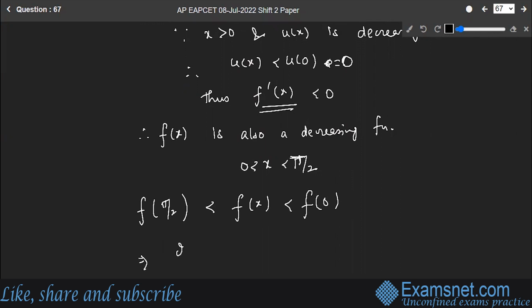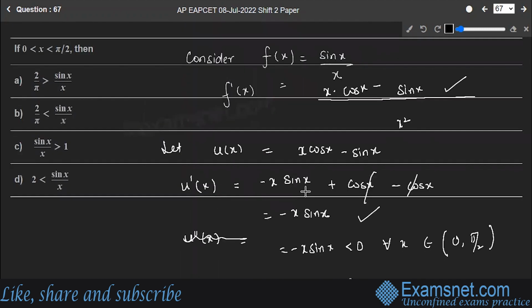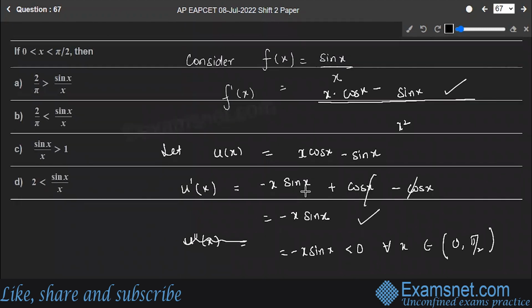That simply means 2 upon pi is less than sin x upon x is less than 1. So let's check with the options. Option 1 is not correct. Yes, option 2 is the correct answer, option D. Hope you're clear with this.